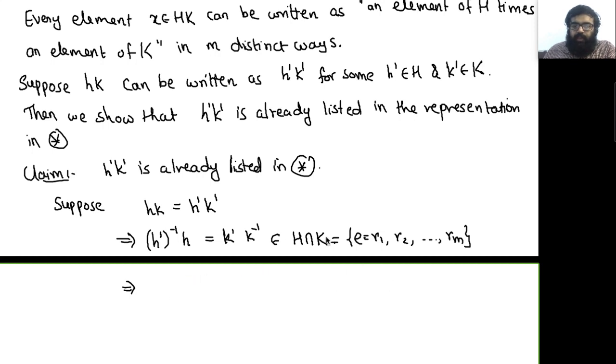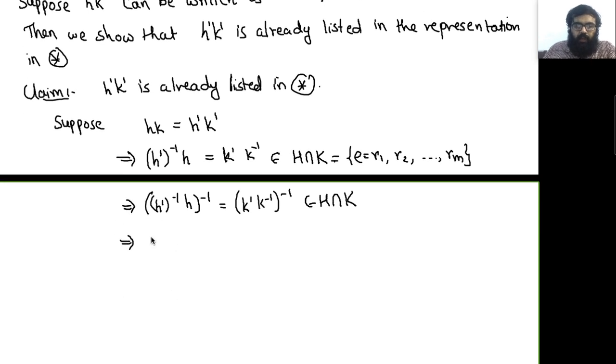If this is an element of H intersection K, its inverse also is an element of H intersection K. So H dash inverse H equals, taking the inverse of this also, K dash K inverse, belongs to H intersection K. So H inverse H dash equals K inverse inverse, so this is K, and we have K dash inverse. This belongs to H intersection K.